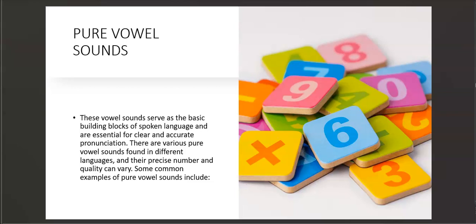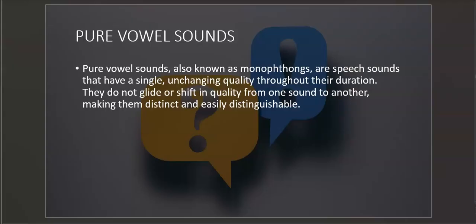So do you really get the meaning of these pure vowel sounds? Let's now look at the examples, which will help us analyze what these pure vowel sounds are. Before I go into examples, I hope you can now understand what pure vowel sounds are. They're also known as monophthongs. We talked about diphthongs and triphthongs, which have two vowel sounds or three vowel sounds, while these have one.